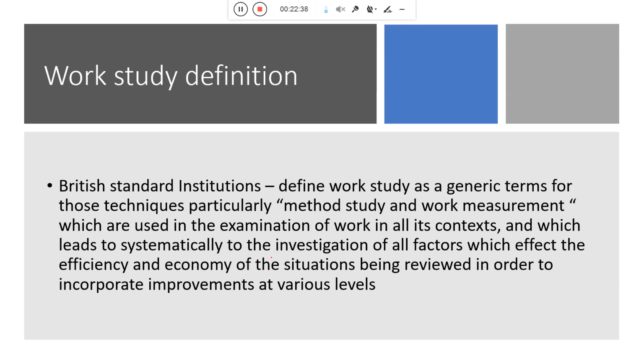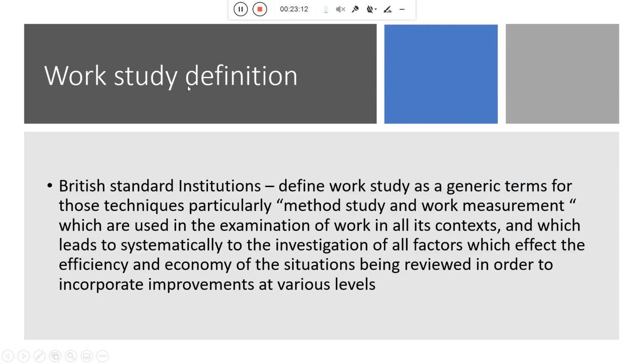You apply these two things, method study and work measurement, to systematically investigate all the elements of the work, to improve the efficiency and economy of the organization. All of that is mentioned in the BSI definition.